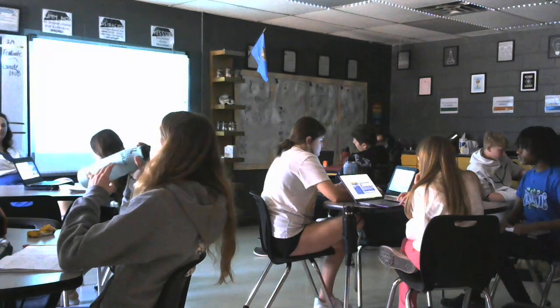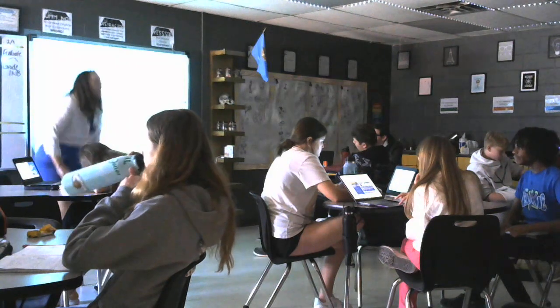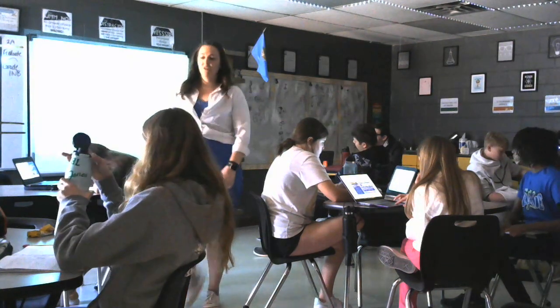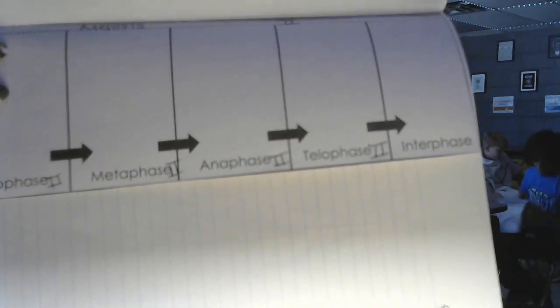The bottom flaps, make sure you are writing 2 after each stage. We've already written 1 on the top flaps. Now we have to write 2 on the bottom flaps. And then you're going to write underneath it the information on the slide.